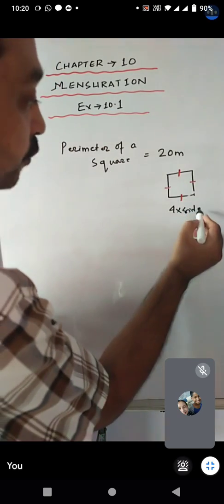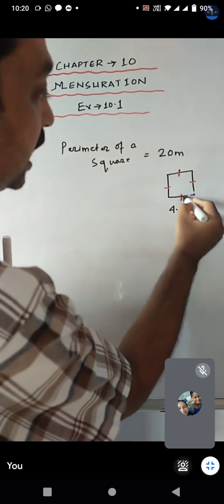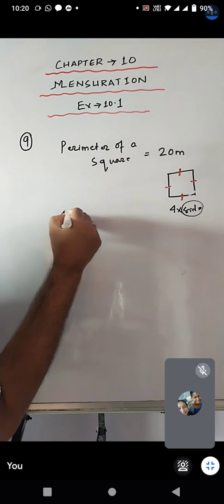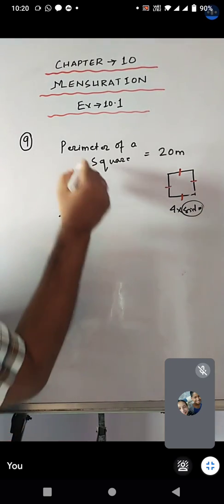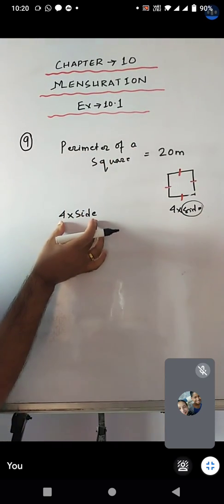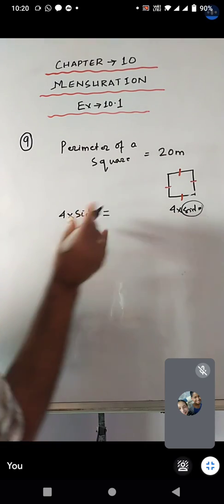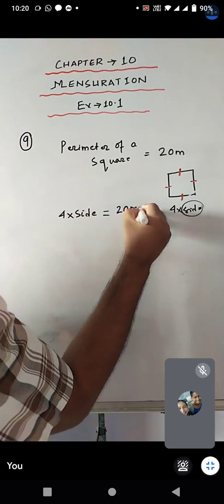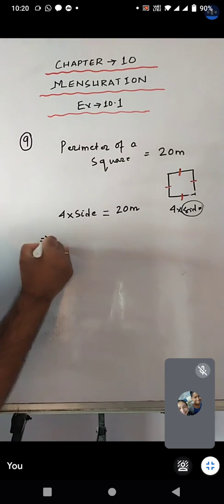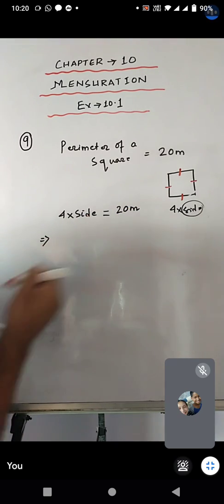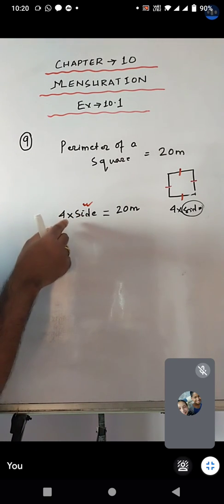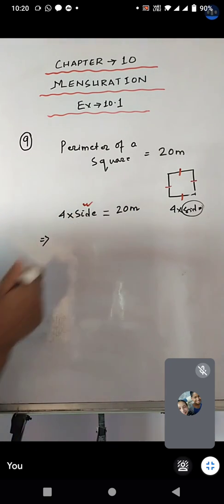We'll compare this formula with this value, because we have to find out the measurement of each side of the square. So on the next line you write 4 into side, because the formula of the perimeter of a square is 4 into side. Now compare this formula with this value, 20 meter. Since you are supposed to find the measurement of side, take this 4 towards the right hand side.